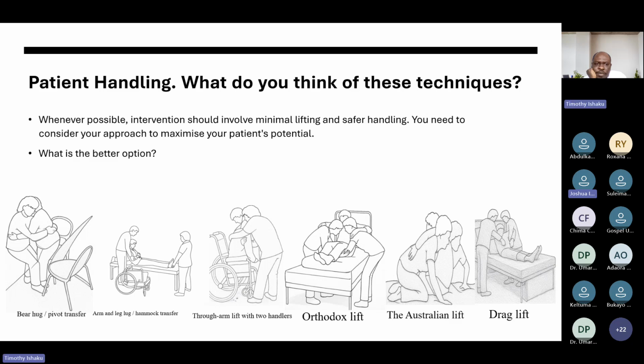Just ordinary bed materials that we have, even if we don't have the custom-made one, but with the understanding of what is needed, ordinary bed materials can help in alleviating and mitigating a lot of the risk that we might have in handling the patients here.